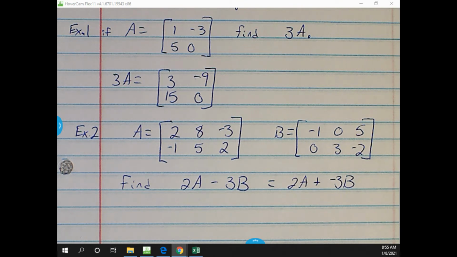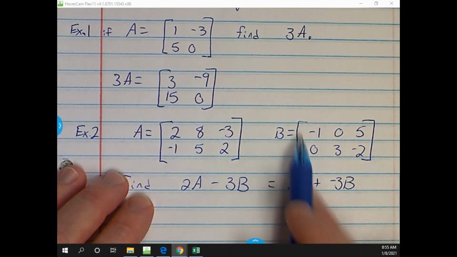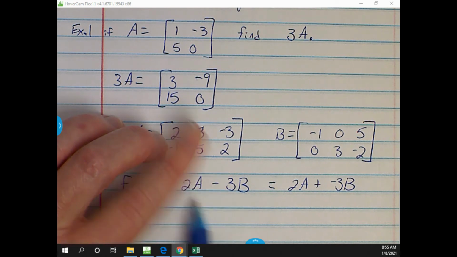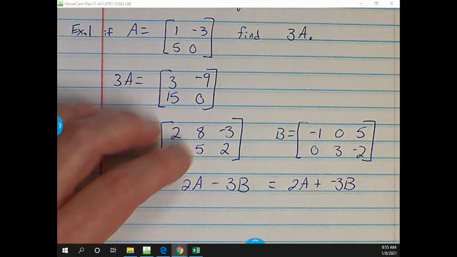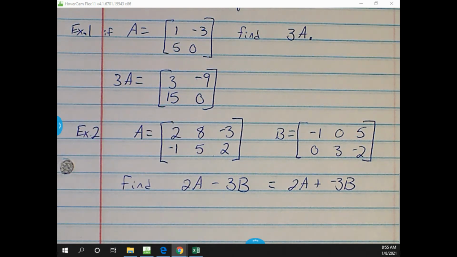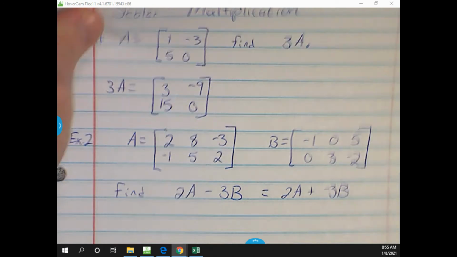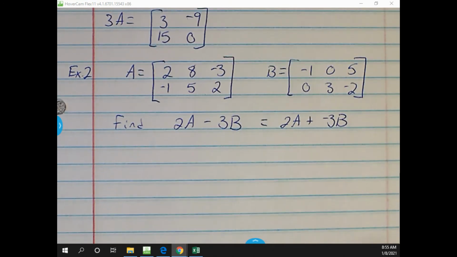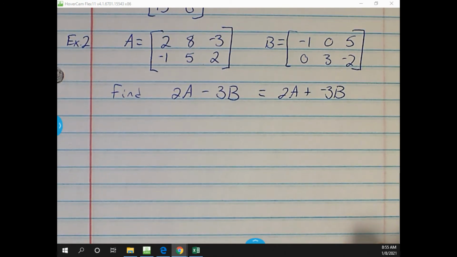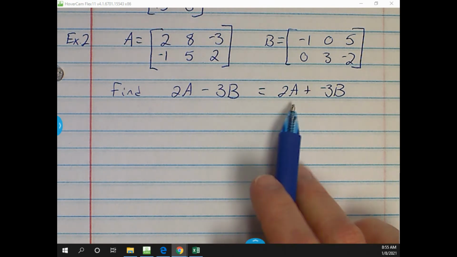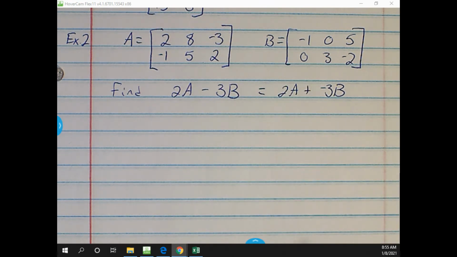Sometimes people ask, does that mean we need to do -3 times B, or do 2A and 3B and then subtract those two? I find that if you do addition, you usually don't make as many mistakes. So in section 2, if they give you a subtraction problem like this, I would rewrite it as 2A plus -3B, so we can do the pieces separately.